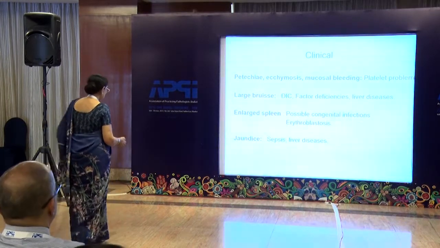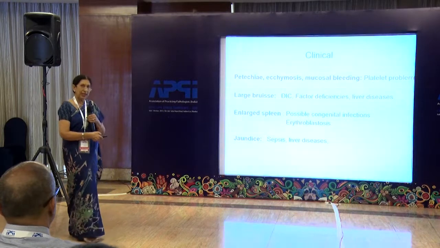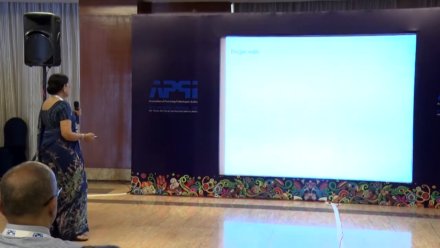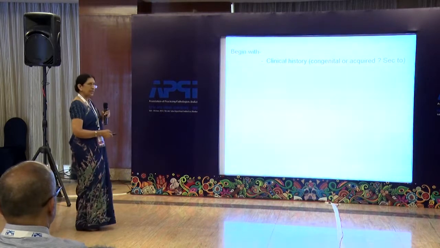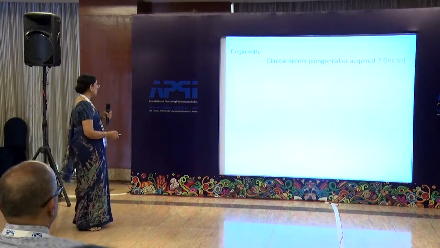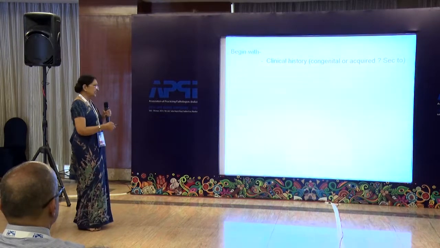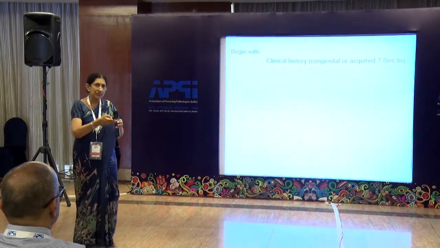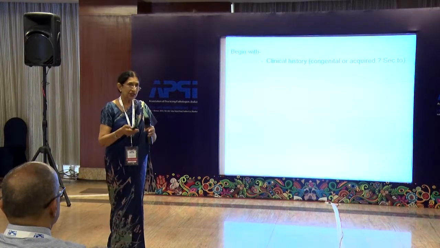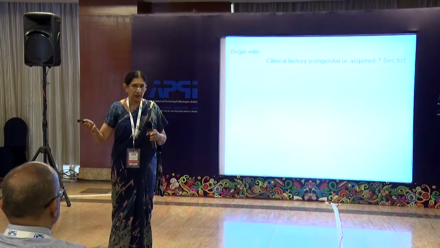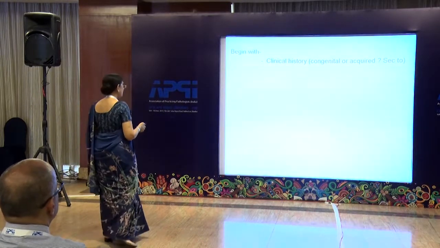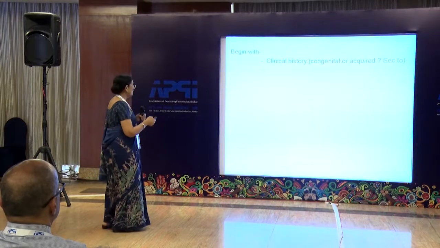Sepsis is another important thing whenever you're looking at babies and children. To begin with, a clinical history cannot be stressed enough to find out whether it is congenital or acquired, because is the problem since birth, or has it been acquired later on? That points towards inherited, congenital, or acquired causes.